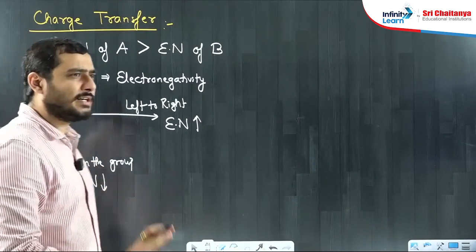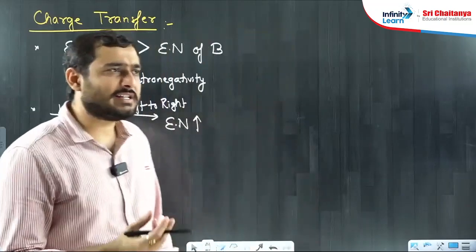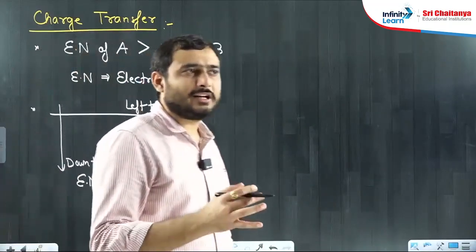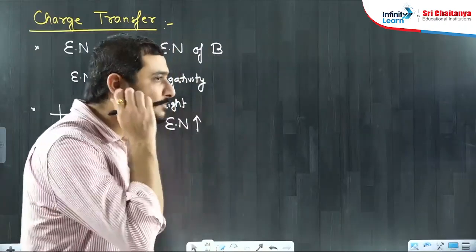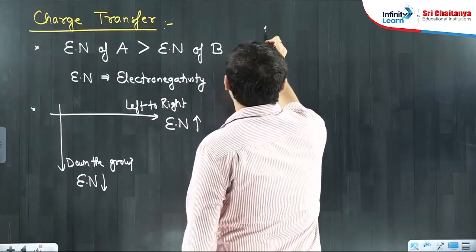So the general trend is that it increases left to right and decreases down the group. So we can easily identify which element is more electronegative and which is less electronegative. Okay. Now after finding this electronegativity, there are three cases we have to remember.